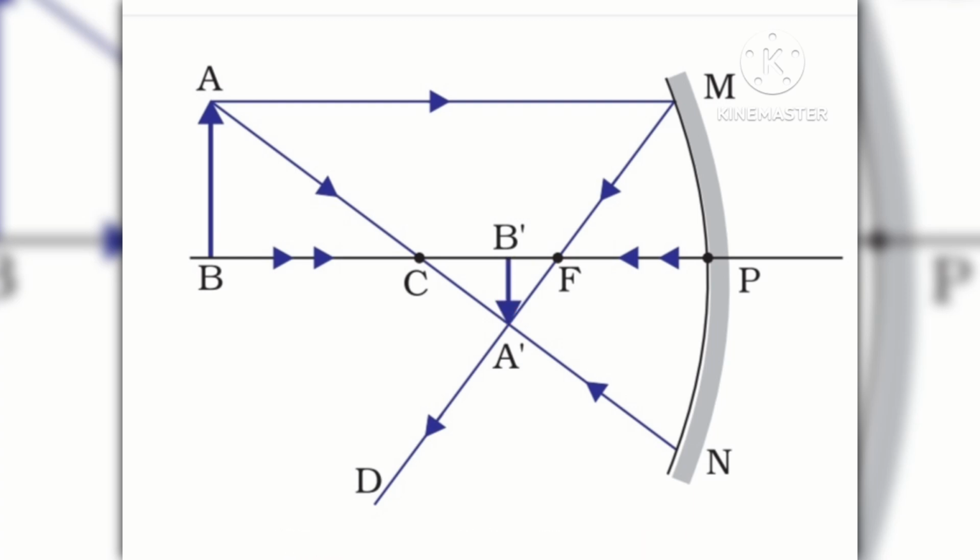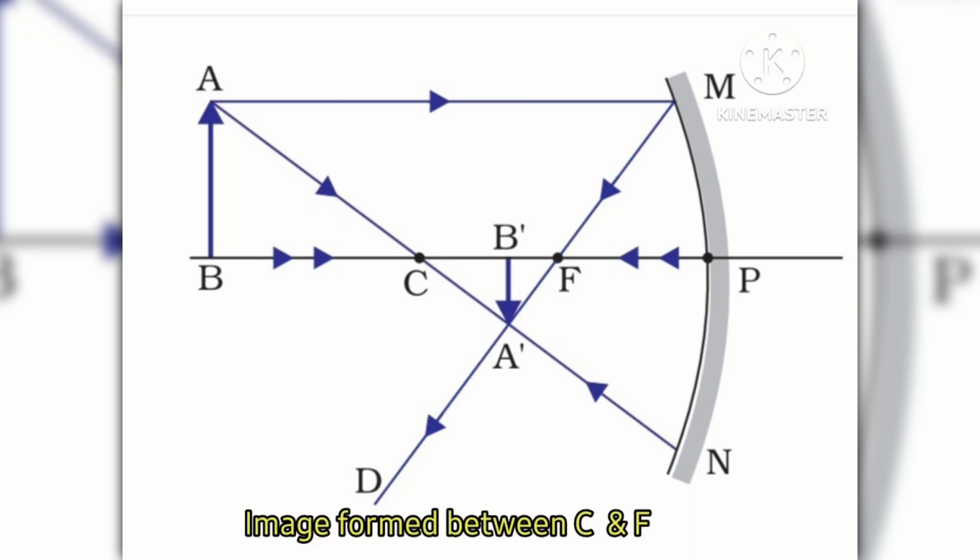So A is the object's head. From that we consider two rays. One ray is parallel to principal axis, which passes through focus. Another ray passes through center of curvature, and reflects back in the same path as shown in the figure. These two reflected rays meet at a point A dash. There we found the image of A.